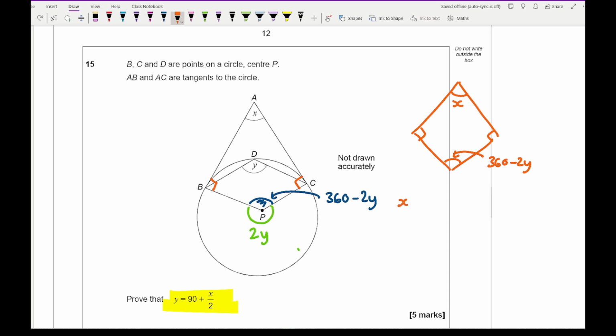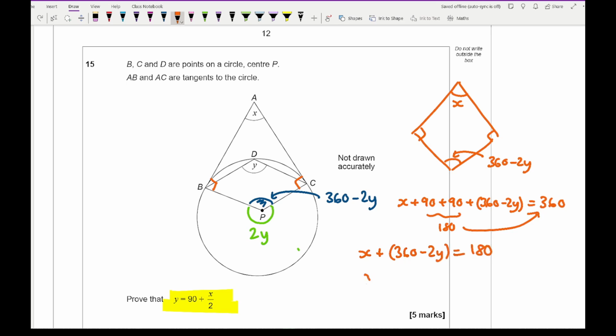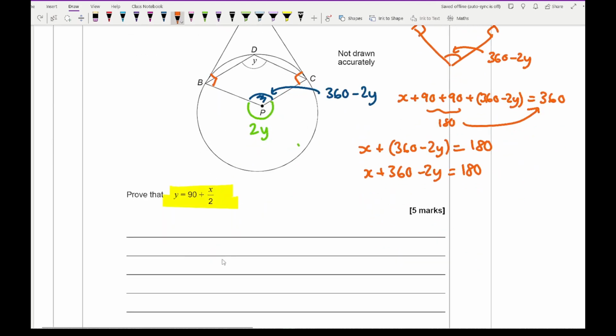So I've got x plus 90 plus 90 plus 360 minus 2y is equal to 360. Well, this becomes 180. If I take that to the other side, I end up with x plus 360 minus 2y equals 180. And then what I want to try and do from here is make y the subject. So if I take the y over to the other side, I end up with x plus 360 equals 180 plus 2y.